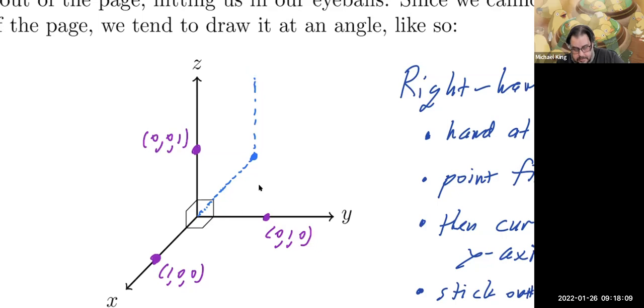Probably did too much there. So that's one way to think about it. It's a little hard to say exactly, but if you're following axes, you can think of this as negative 1, 0, 1. Fair?